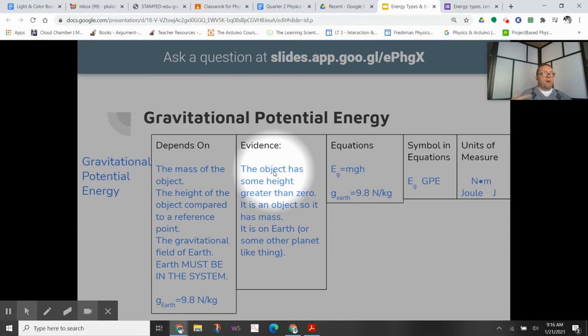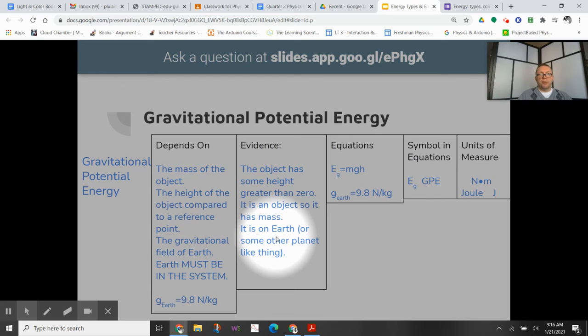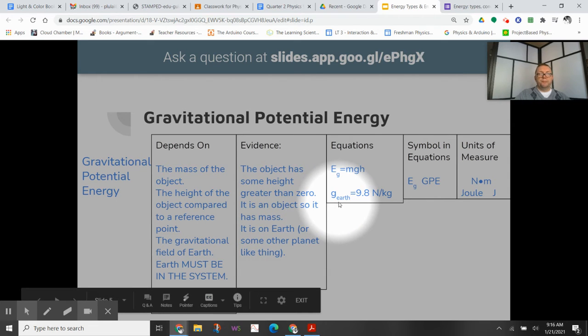If we're trying to figure out if gravitational energy is present, well, then there must be an object there that has mass. There must be some height that's greater than zero, or a height that changes throughout the motion or throughout the scenario. And it would have to be on Earth or some other planet type thing where there's a gravitational field.